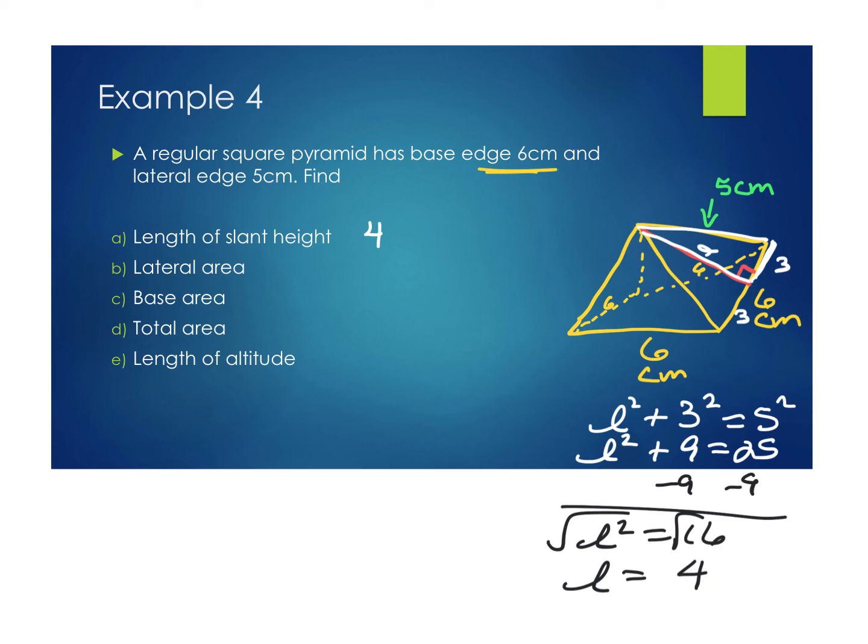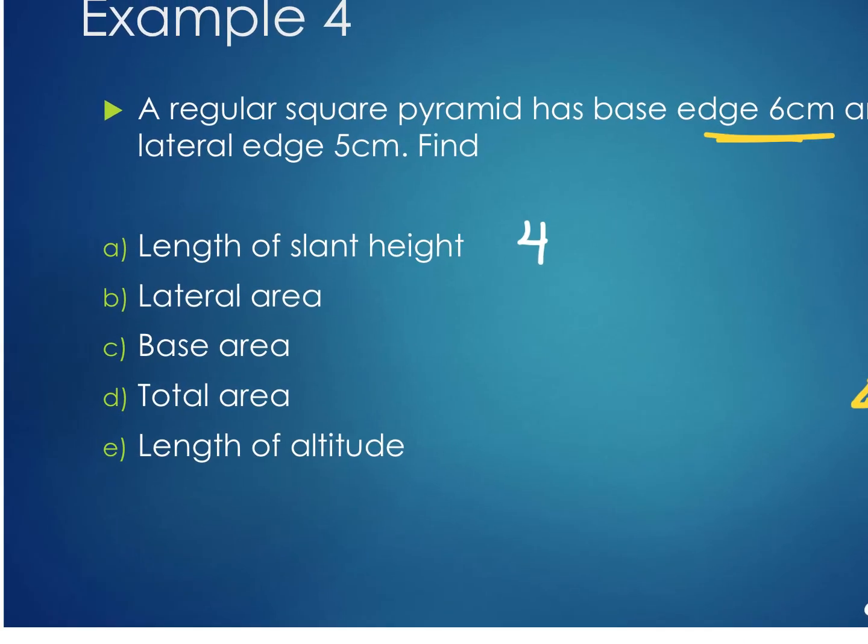For the lateral area, remember there are 2 methods. For this example, I'm going to find the area of one of the triangles and then multiply it by 4. Because I just found that slant height, which is going to be the height of my triangle, for the lateral area I'm going to do 1/2 base times height times the number of triangles, which is 4.